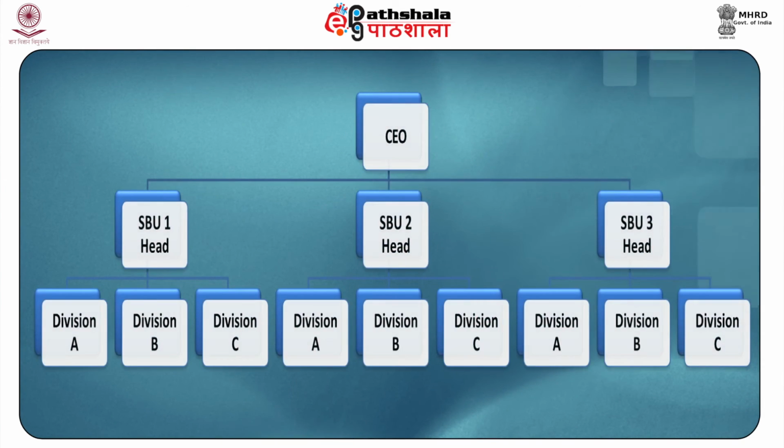The strategic business unit structure is as follows: the CEO is on the first level, then there are 3 SBU heads, that is SBU 1 head, SBU 2 head and SBU 3 head. Each head has 3 divisions, that is division A, B and C respectively.